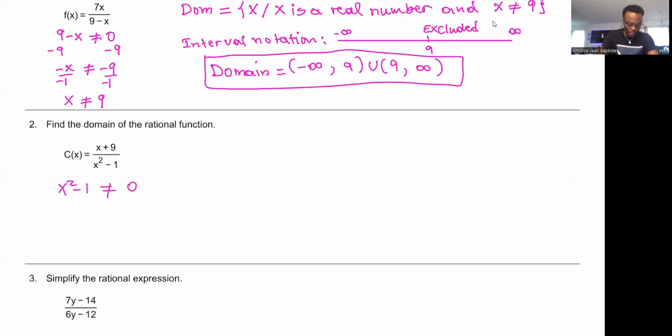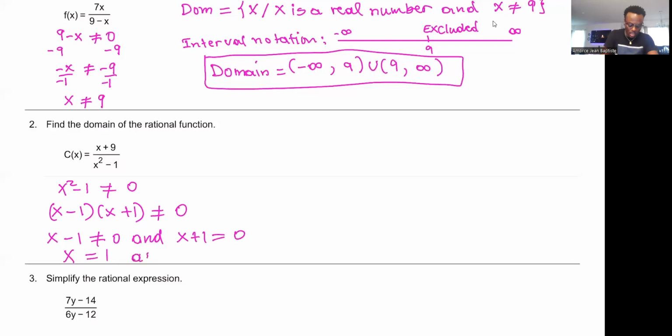So factored form, this is the difference of squares, so that is x minus 1 times x plus 1, that should not be 0. So x minus 1 not equal 0, and x plus 1 not equal 0. So x cannot be 1 and x cannot be negative 1.